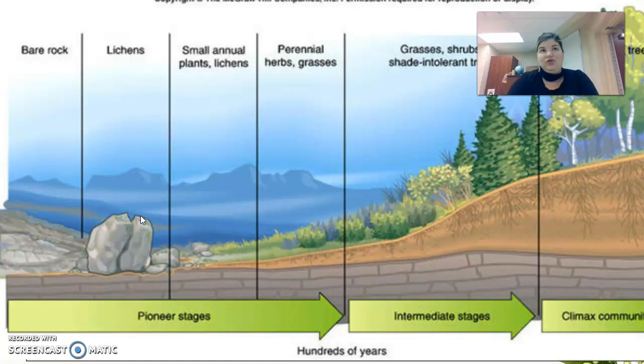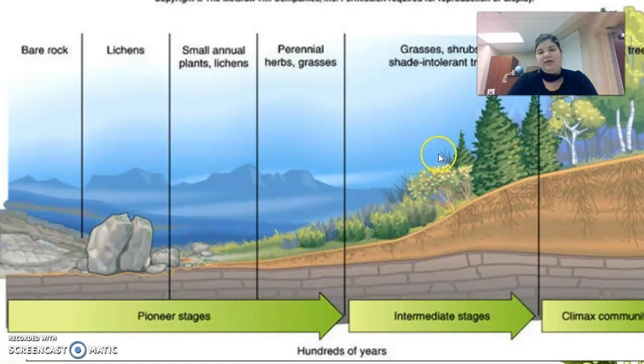They're just these green, leafy, mossy looking structures that stick to rocks. And what they do is they release a weak acid, and this acid over time breaks the rock down to form an early soil. Once we have some early soil, then we can have some small annual plants, which leads to perennial herbs and grasses.